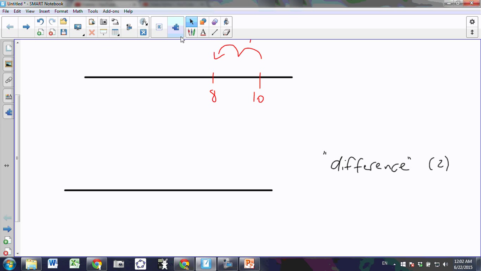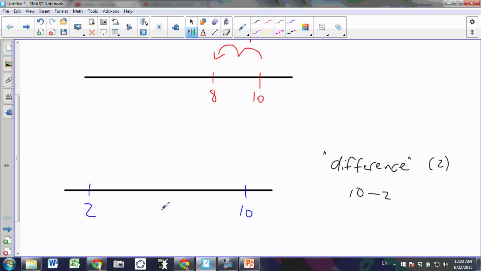Okay, in the difference perspective, remember, we're looking at 10 minus 2. Well, 10 is different from 2. 2 is way down here.